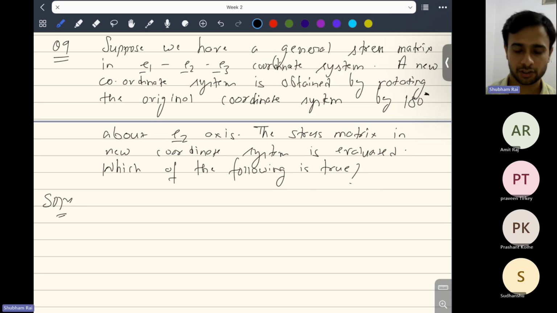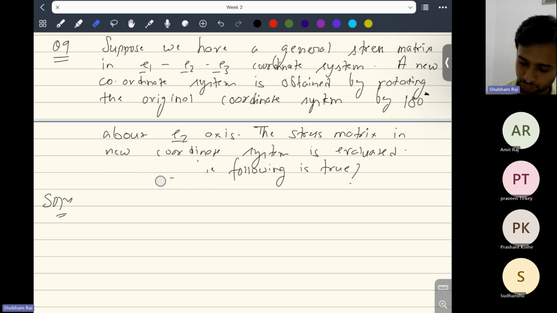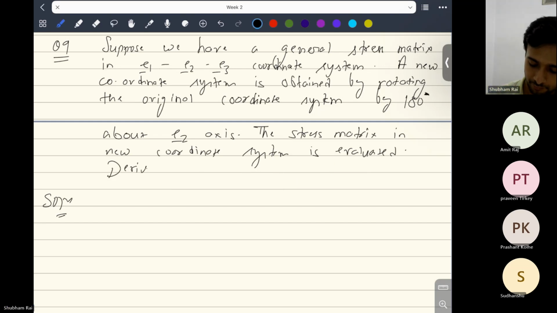So firstly, instead of writing this, you can just derive the new stress tensor, the stress matrix in the new coordinate system.